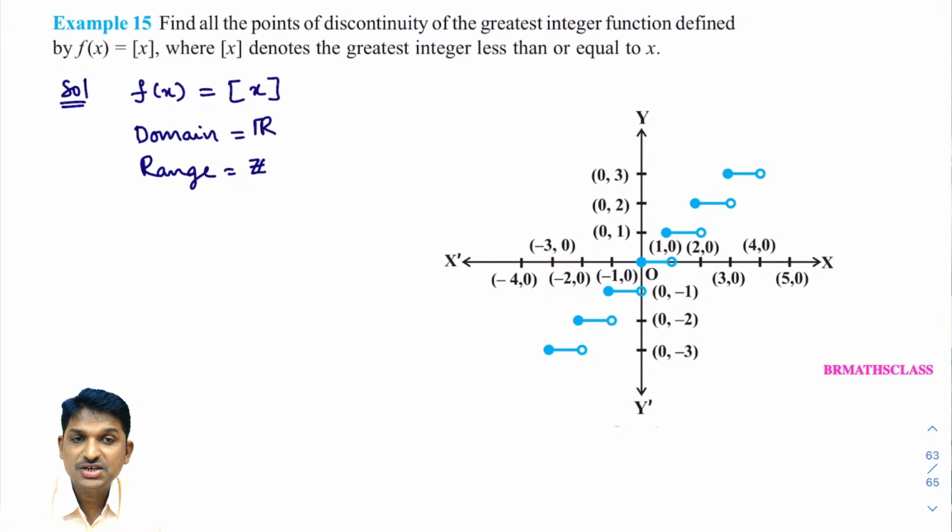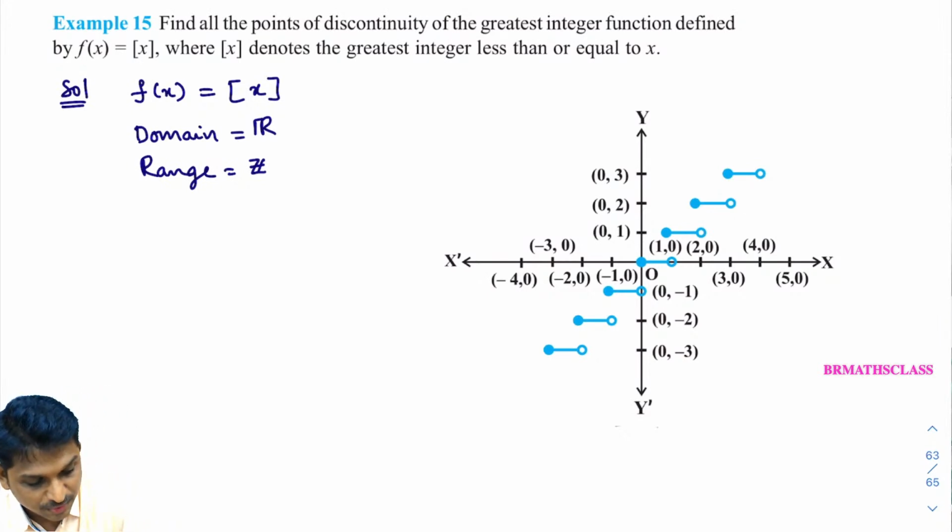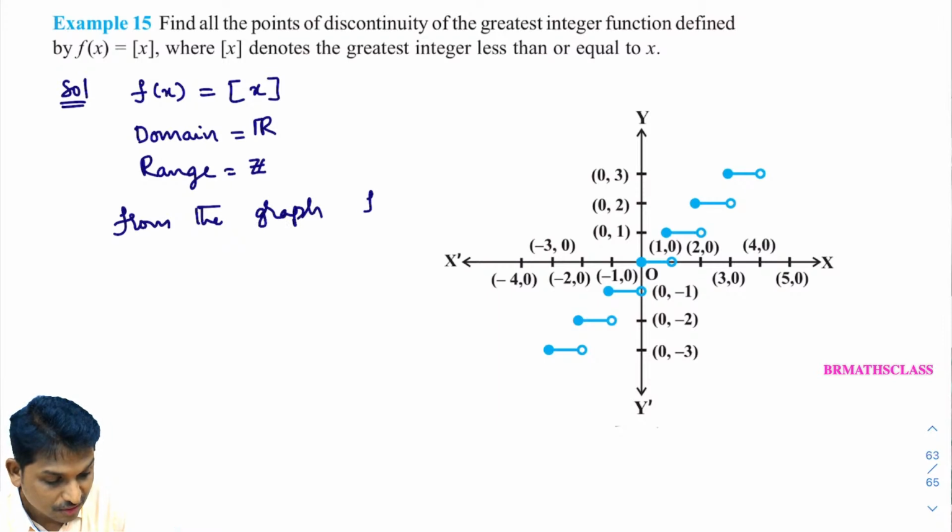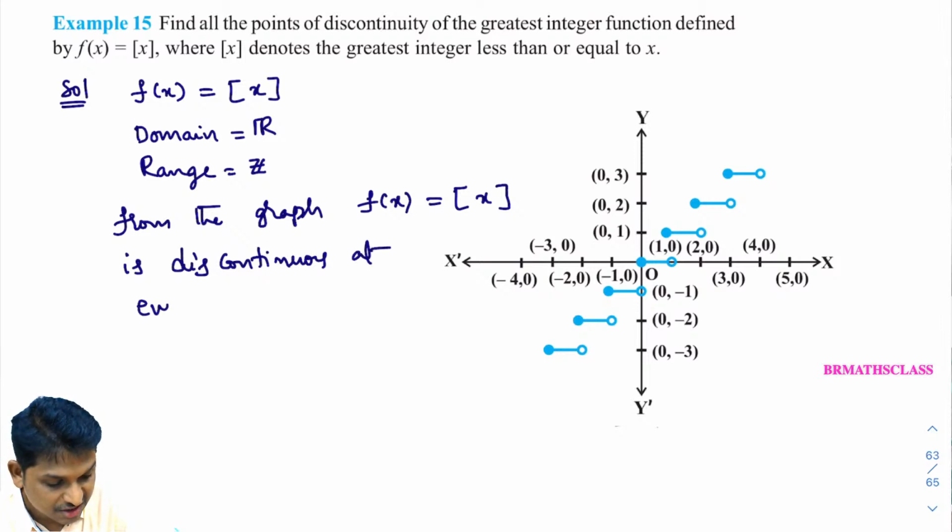The greatest integer function is discontinuous at every integer. I'll write here. From the graph, f of x equal to step x, that means the greatest integer function, f of x equal to step x is discontinuous at every integer.